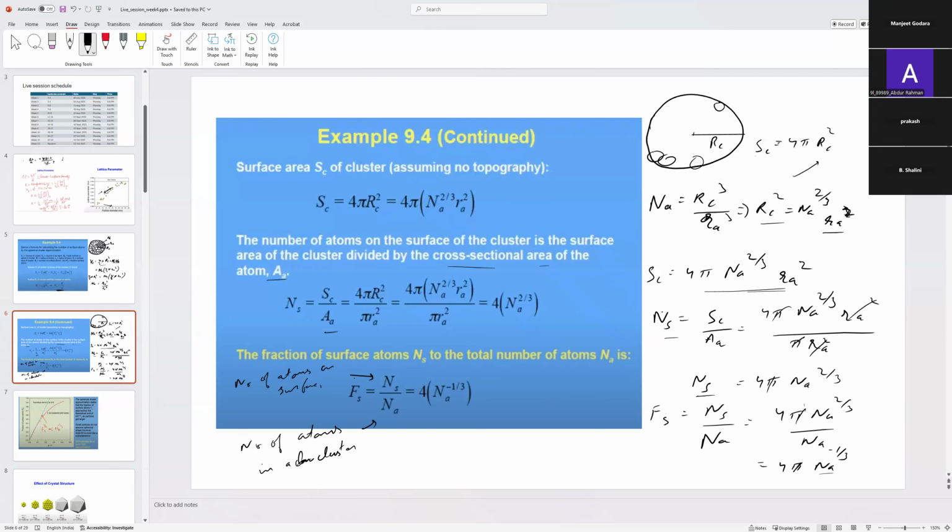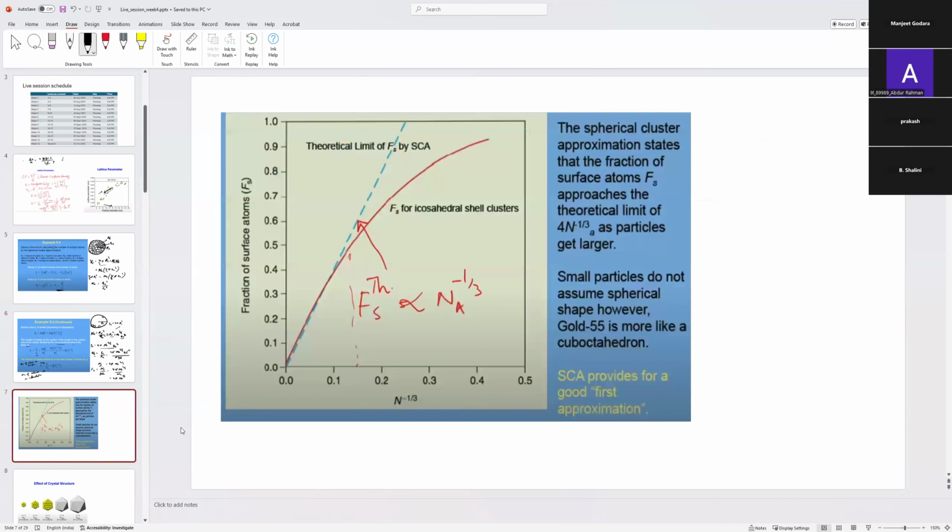Let's have a look at this relation. Fs is equal to 4 Na to the power minus 1 by 3.